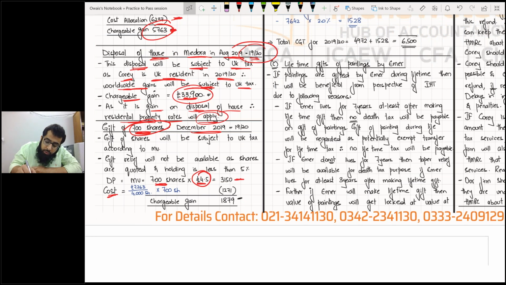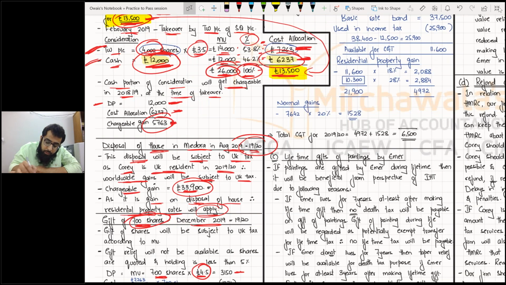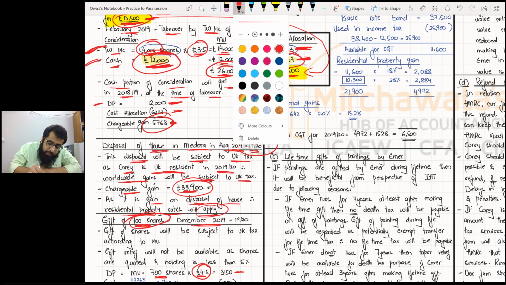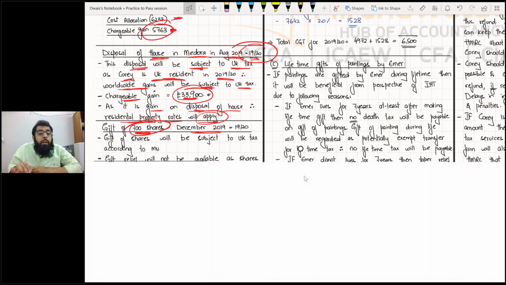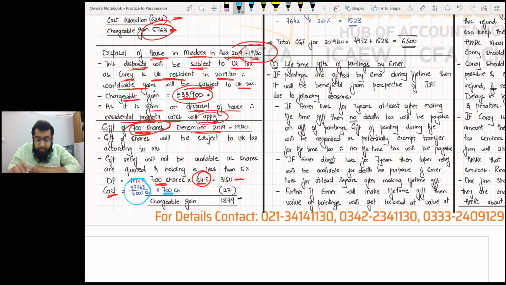The cost allocated to the 4,000 TWPLC shares was 7263, divided by 4,000 shares multiplied by 700 shares. So 1721 is the cost allocation and the gain is 1879.